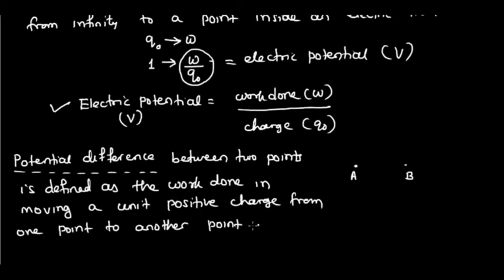This is the definition of the potential difference between 2 points. Suppose we are interested in finding the potential difference between the 2 points A and B. So we will move a test charge q naught from A to B.